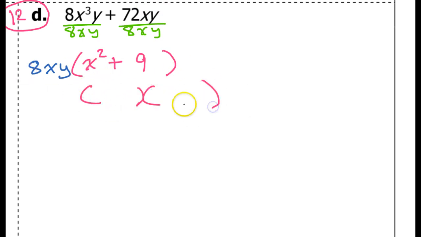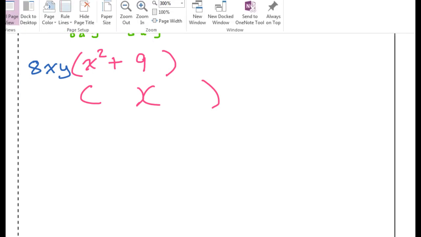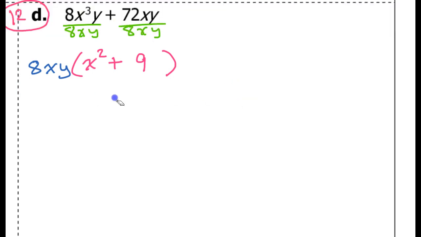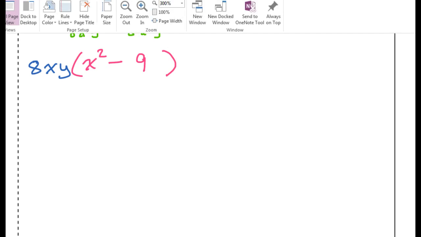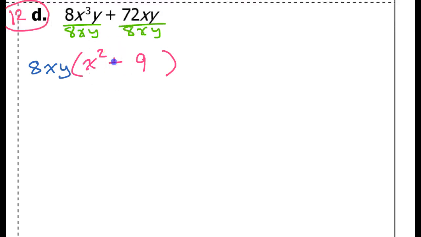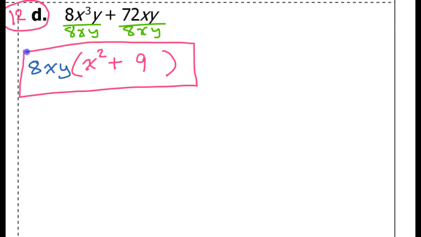Can I factor this further? Well, I cannot factor this further. If this had been subtraction, this would be the difference of squares, and then I could factor it as x plus 3 times x minus 3. However, it is not the difference of squares. It is the sum of squares, which cannot be factored. So this is the final answer.